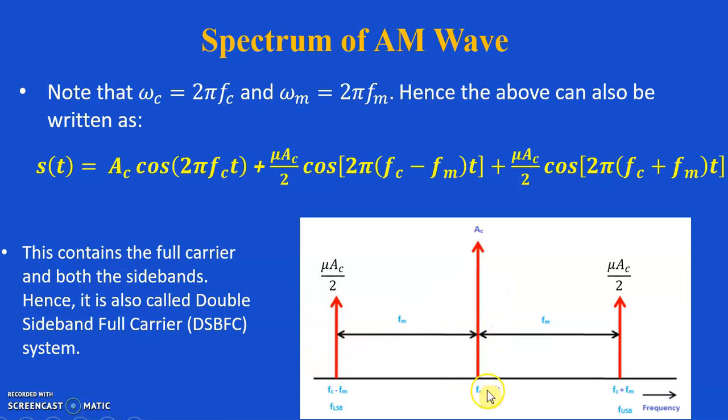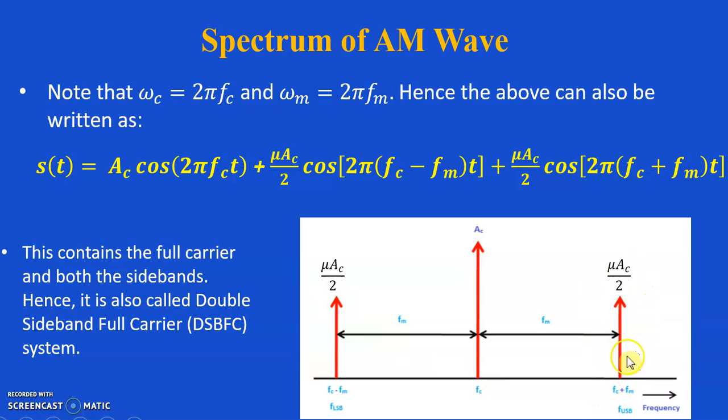One for the carrier signal, which has a frequency fc and amplitude Ac, while the upper side band is located at a frequency of fc + fm and has an amplitude μAc/2, and a lower side band which has a frequency fc − fm and an amplitude μAc/2.